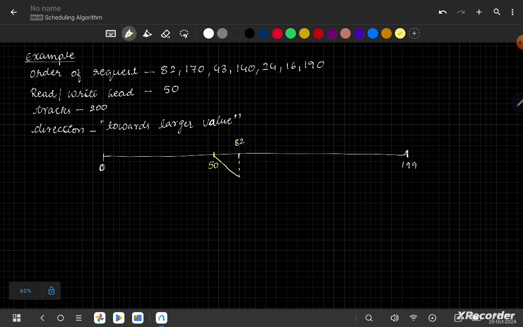It goes in one direction, which means this complete right side, all the requests have to be met first. So 82 is done. After 82, the next number is 140.